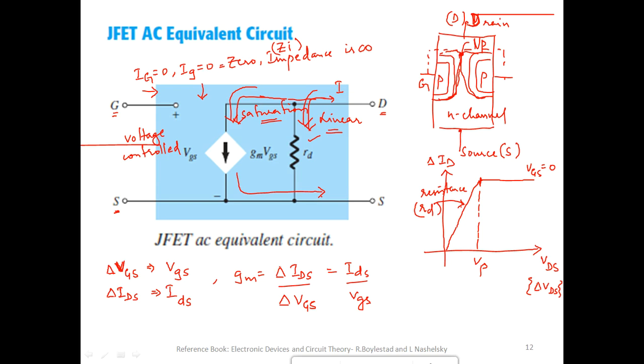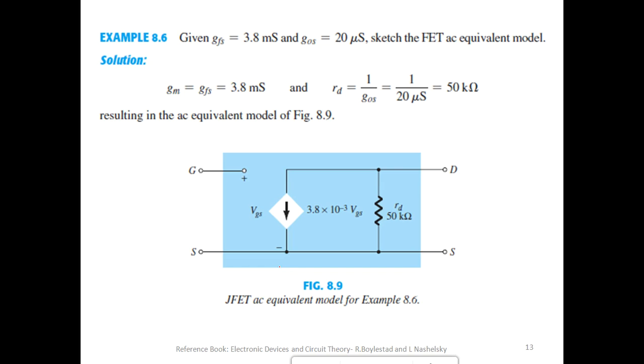So with this concept, let us move forward and very quickly try to solve a problem. It's a simple substitution based problem. Given are the values of GFS. GFS is nothing but transconductance GM itself. And further GOS, the output impedance RD is 1 upon GOS, right?